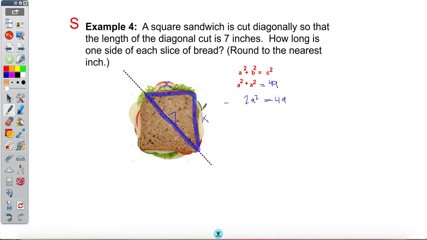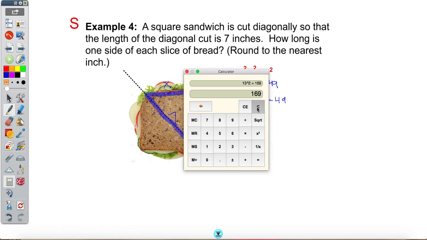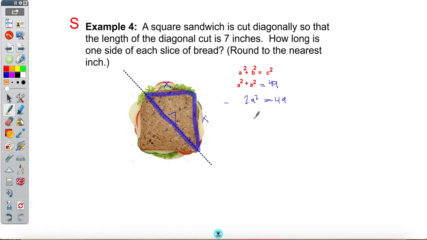And so what you would do then is divide 49 by 2 and then take the square root. And we get approximately 5, which makes sense because 5 squared is 25, and 25 plus 25 is close to 49.